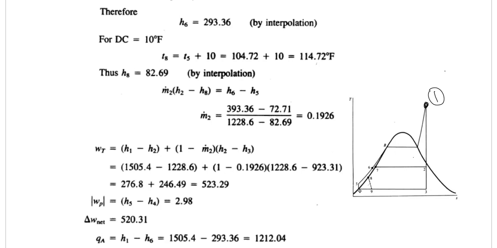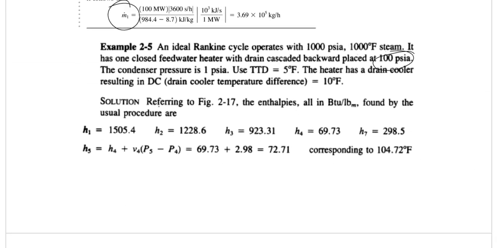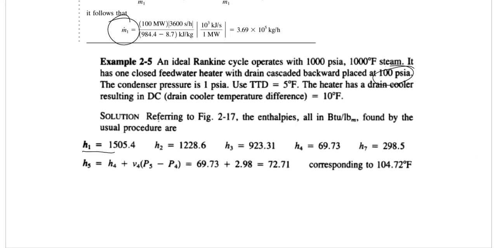Point number four and number seven can also be found easily. So h1 can be found easily. After h1, s1 would be equal to s2, and then looking for x2, and then the h2. Similarly we can find h2 over here.